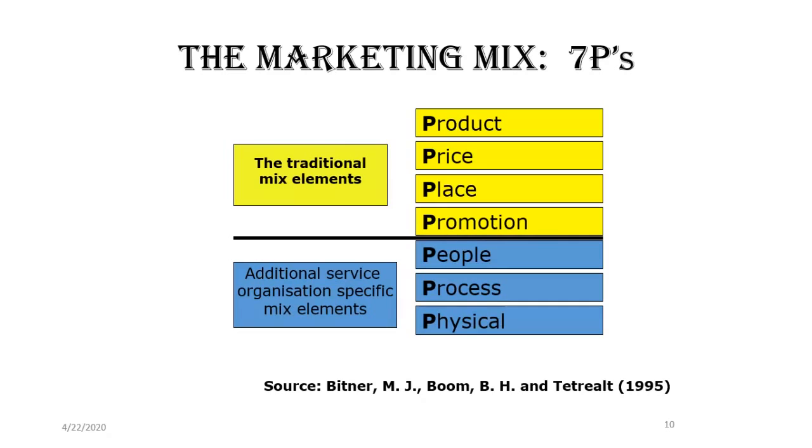The process is very key, and we'll be looking at what processes are. The physical ambience of your business, the physical environment where your business is operating from, is also very key. Those are the 7 marketing mix we are going to be considering in the next couple of minutes.